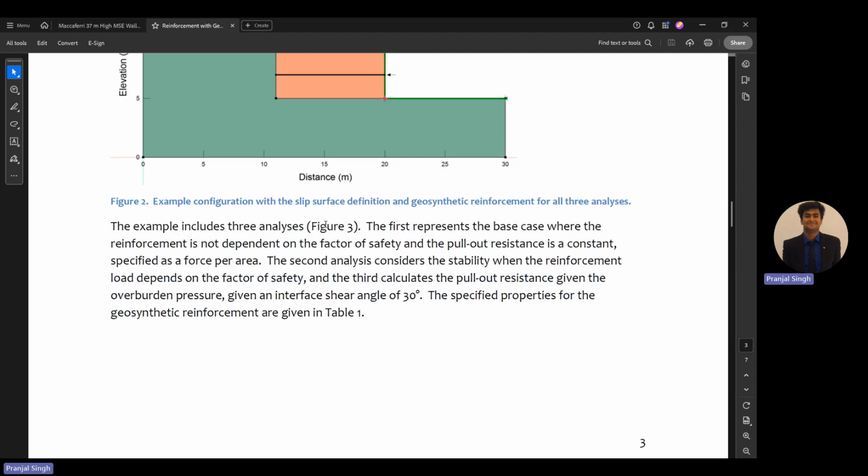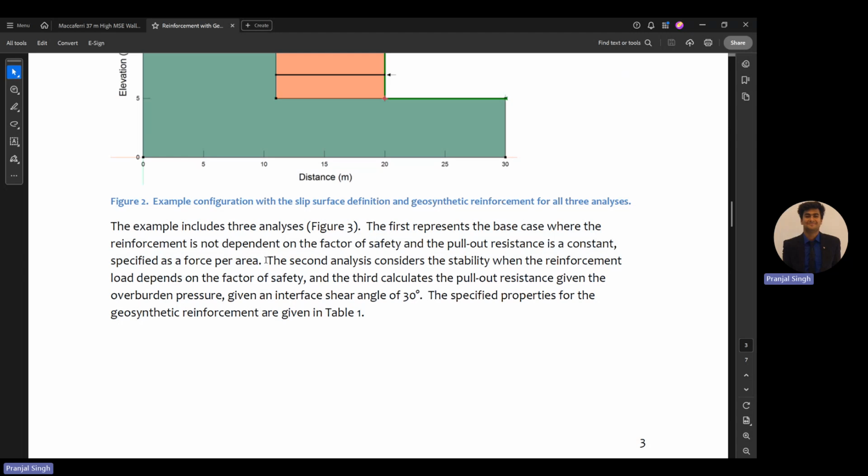And in this example, three cases are used. The first case is when the reinforcement is not dependent on the factor of safety. That means individual reduction factors are used and the pull-out resistance is constant. The main action is bearing.